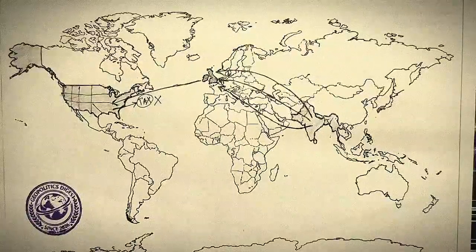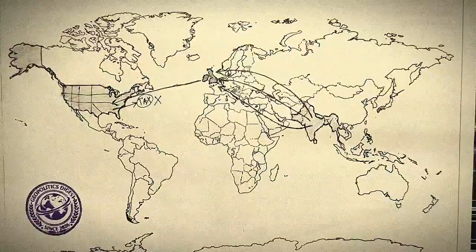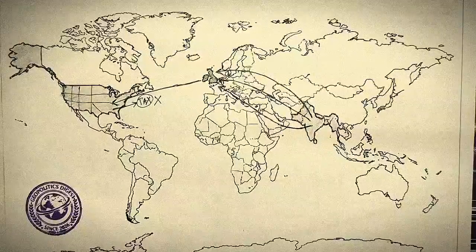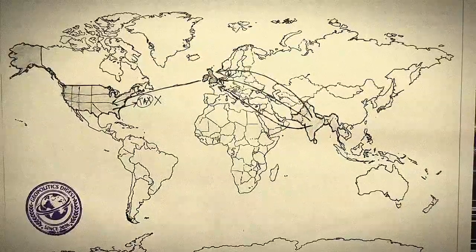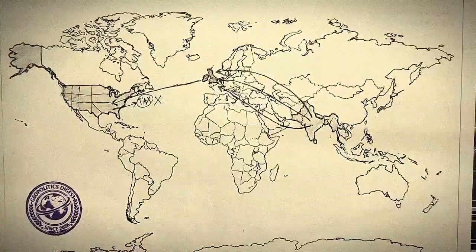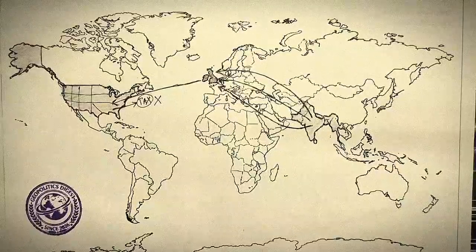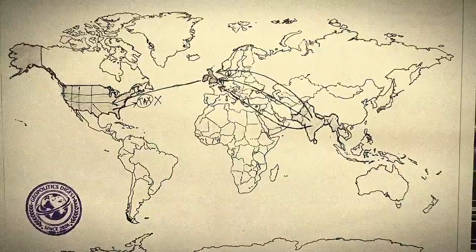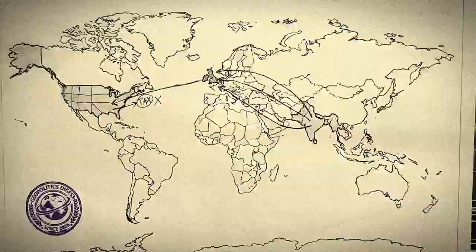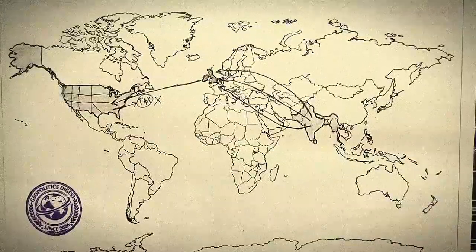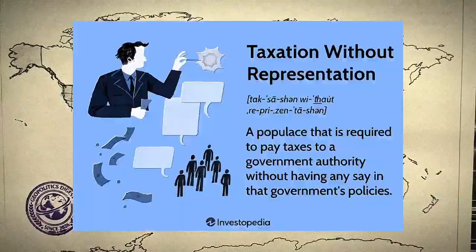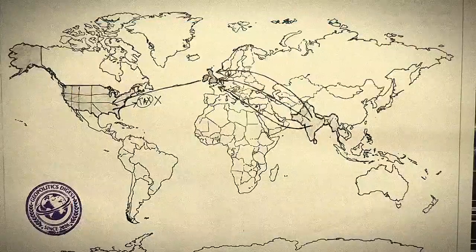After being ruled by the British for a long time, certain disagreements began to appear between the British Crown and the 13 American colonies. For example, the Americans raised a slogan: "No taxation without representation."